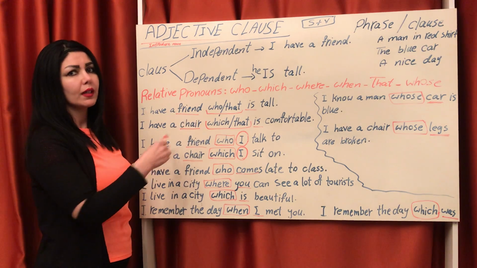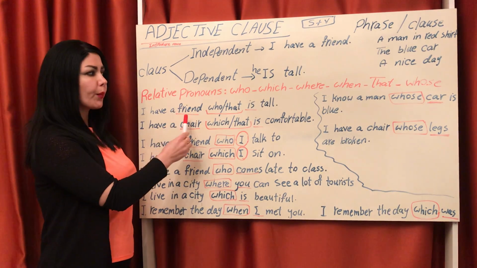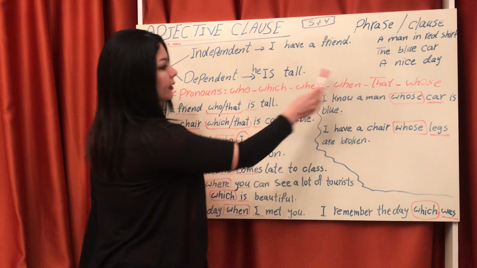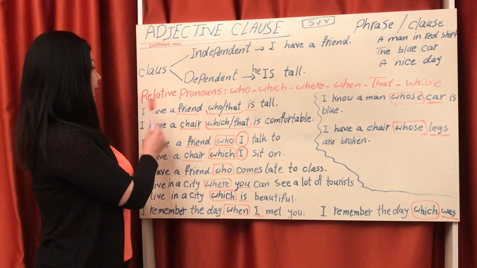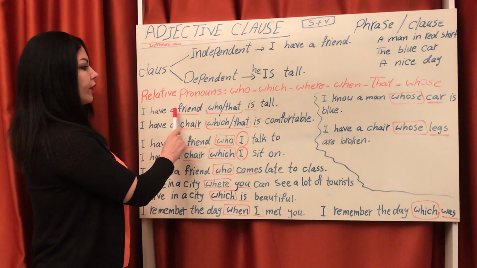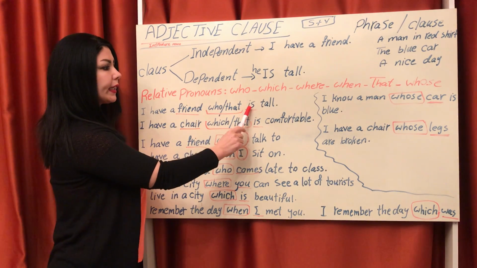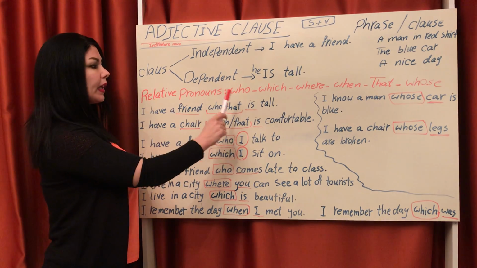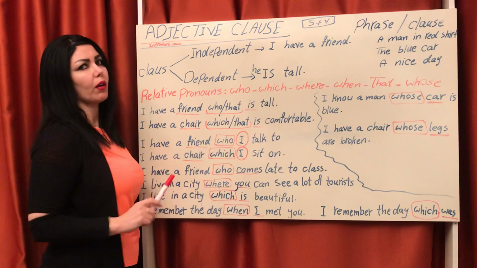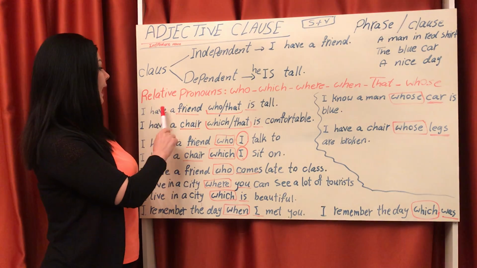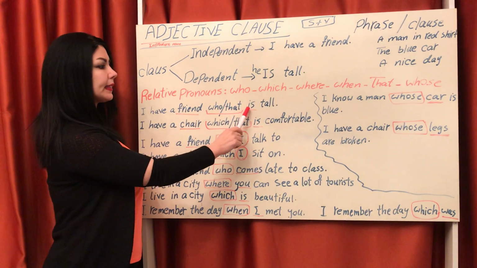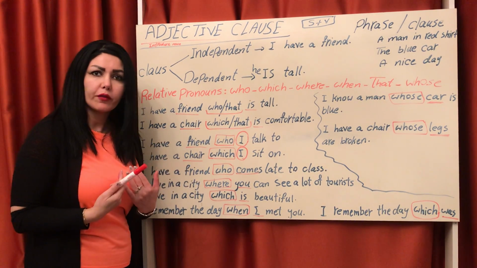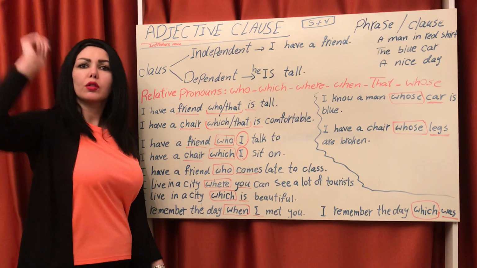A friend, a person. So for a person we can use who or that, one of them. For example, I have a friend who is tall. Or I have a friend that is tall. I speak about one of my friends that is tall.